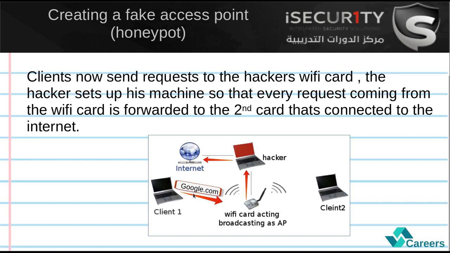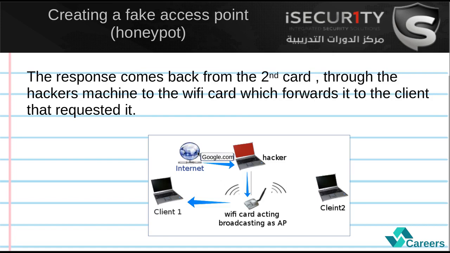They're going to ask for google.com. We're going to set up our device in a way that once the Wi-Fi card gets a request, it asks the wired card that has internet connection. The wired card is going to bring google.com back to the Wi-Fi card. The Wi-Fi card will forward the packets back to client number 1.